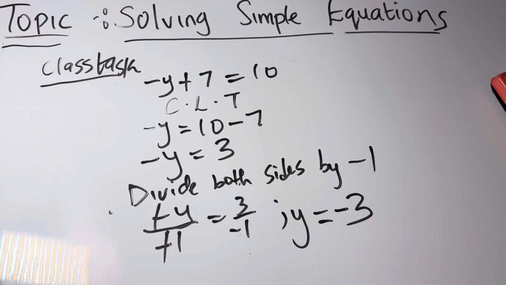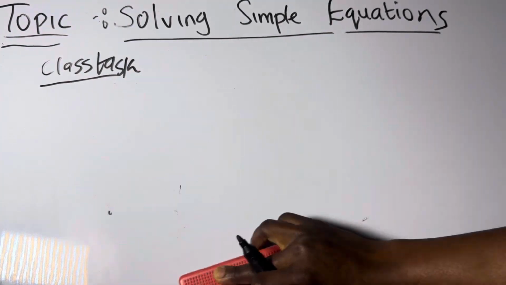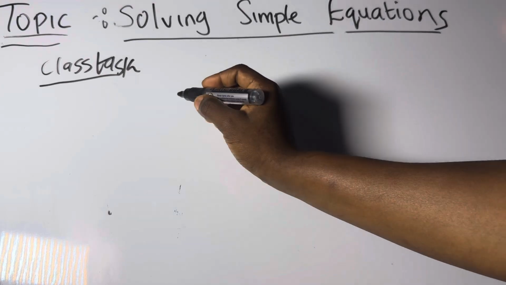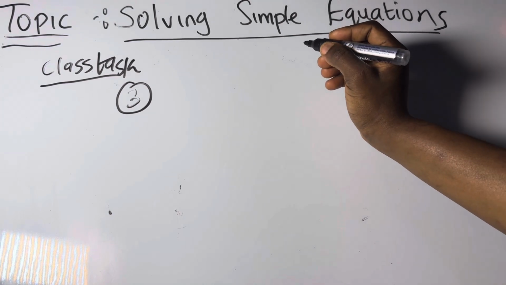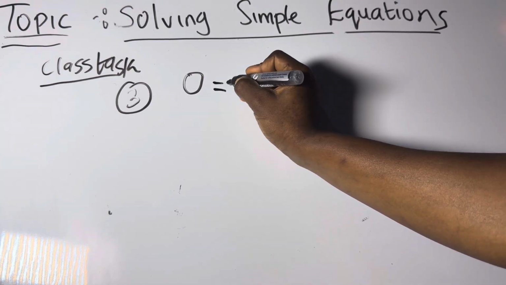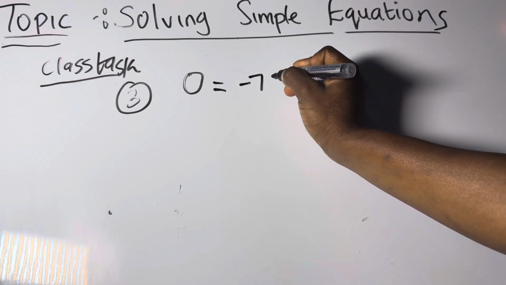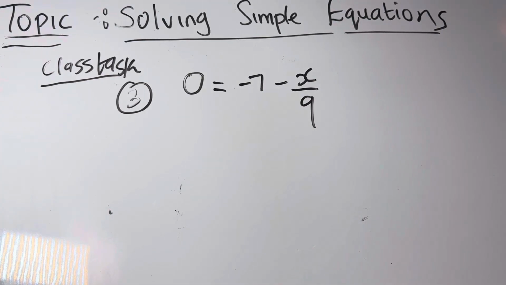Question 3: 0 equals minus 7 minus x over 9. 0 equals minus 7 minus x over 9.